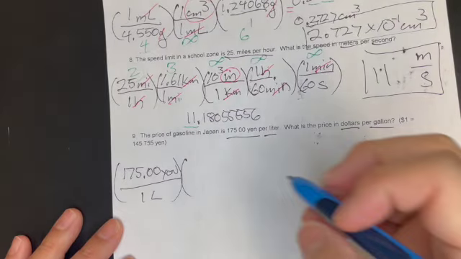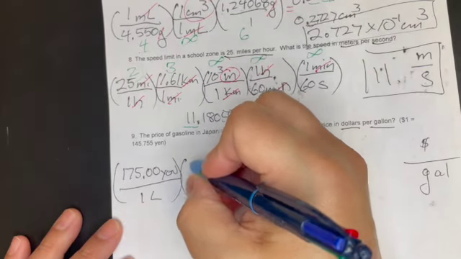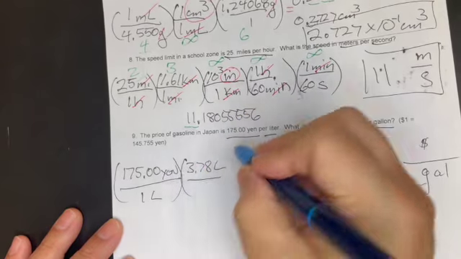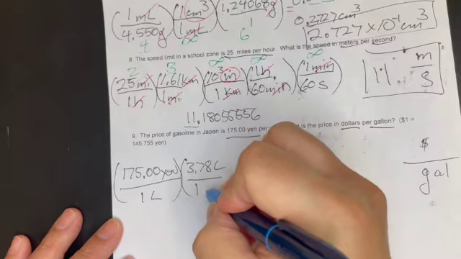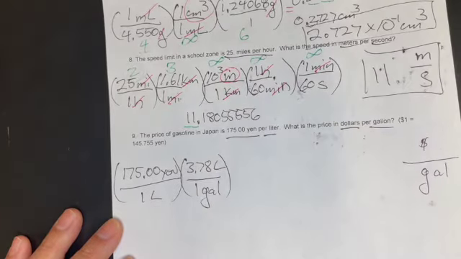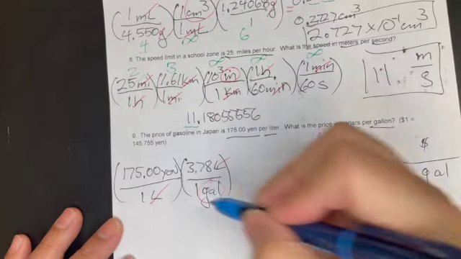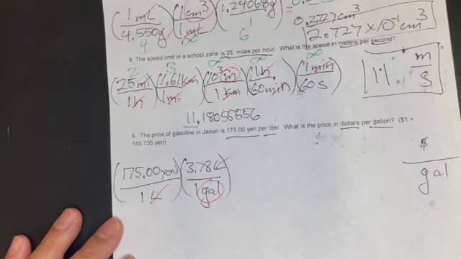In your book, you can see that there is 3.78 liters. We put liters on top so the liters can cancel. And then we got gallons on the bottom. Here, liters are going to cancel out. We got gallons left over. We have yen that we want to change into dollar.